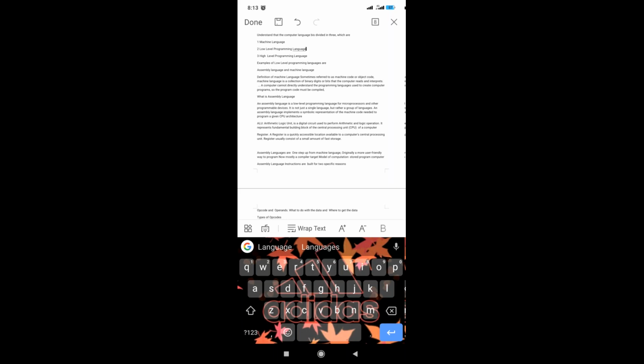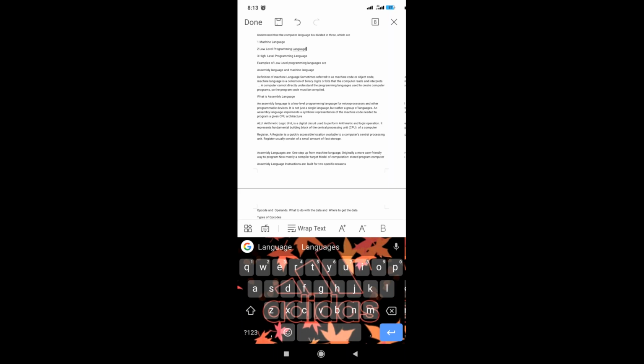Then, talking about assembly language, there are things which you have to take note of. The first thing there is what is called ALU, A-L-U. The full meaning of ALU is arithmetic logic unit.